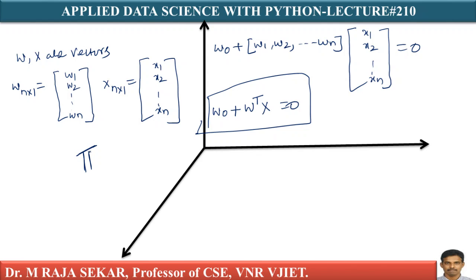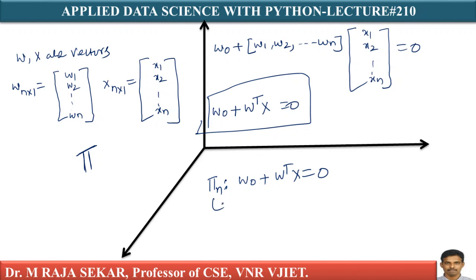A plane pi in n dimensions, I can write as a plane pi n. I can write it as w0 plus w transpose x equal to 0. This is the equation of the plane in n-dimensional space.